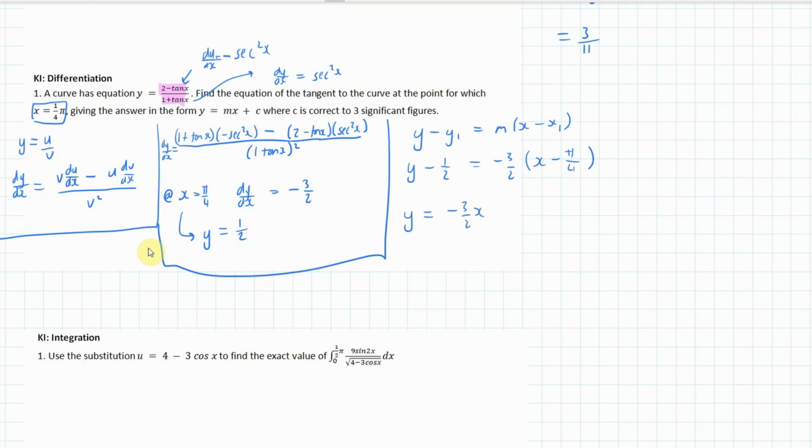Then we get positive 3 pi over 8 plus 1/2. And we need c to be correct to 3 significant figures. So I just chuck that in the calculator, and I can go y equals negative 3 over 2 x, and 3 pi over 8 plus 1/2 gives me 1.68.